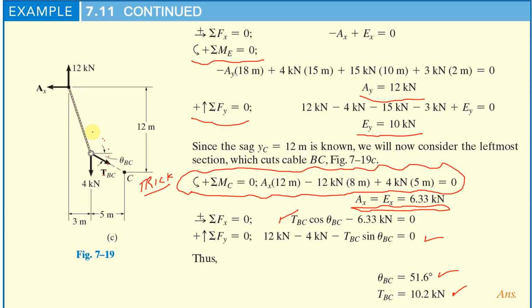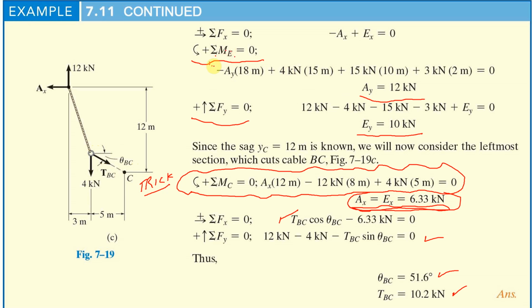So we have this going on, and okay, here we go. I did make a mistake. I did misstate something earlier, that AX and EX are not equal to 0 because we have forces in the X direction due to these tensions.